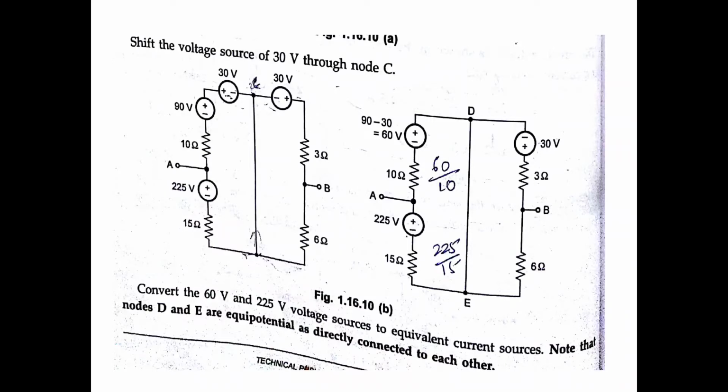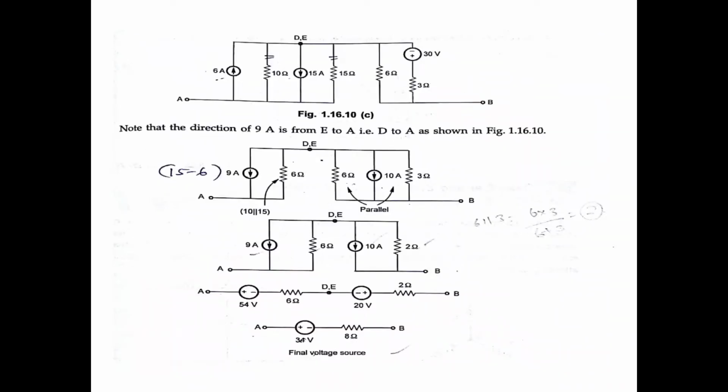The 60 volts and 225 volts are converted to equivalent current sources: 60 by 10, 225 by 15, which is 15 amps. The remaining 10, 15, 6 and 30 stay as they are.